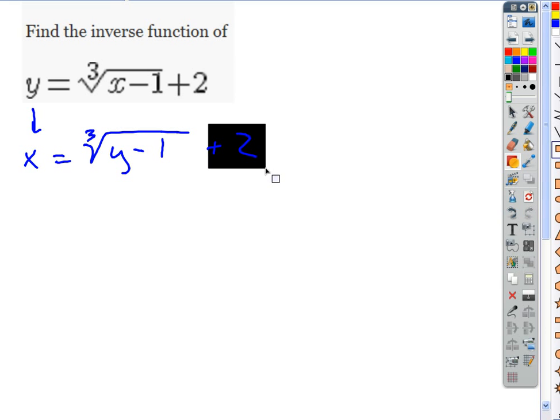Get rid of the square root. It's not a square root. Okay, how do I get rid of a cube root? One over 3. Okay, so that's to the power of 1/3, but how do I undo a cube root? Cube both sides, right? So I cube both sides to get rid of that, and then what do I do finally? Add 1. Add 1, okay?